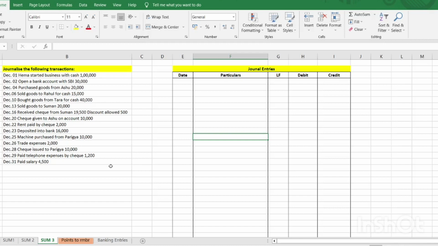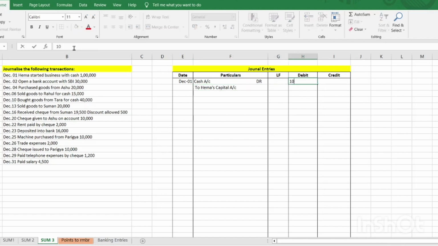Let's start analyzing the transactions and recording them in our journal. First transaction, December 1, Hema started business with cash 1 lakh. So here it will be cash account, debit, to Hema's capital account.